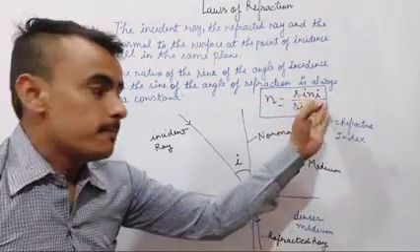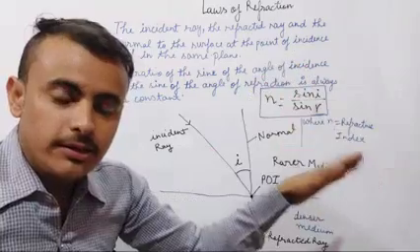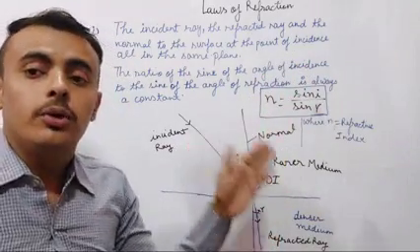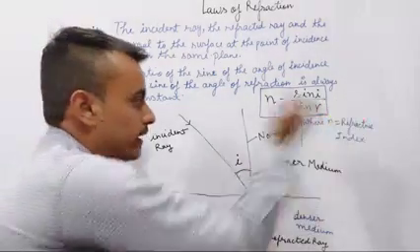Sine i upon sine r is always equal to n, where n is the refractive index.